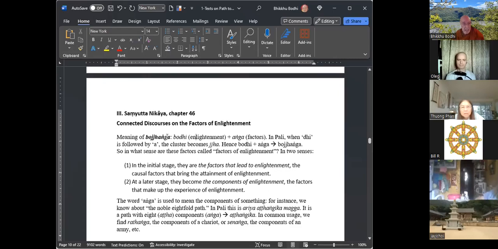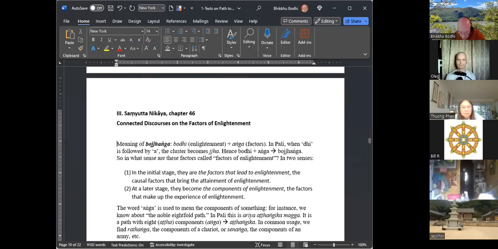So bodhi anga in Sanskrit would come out as bodhyanga.